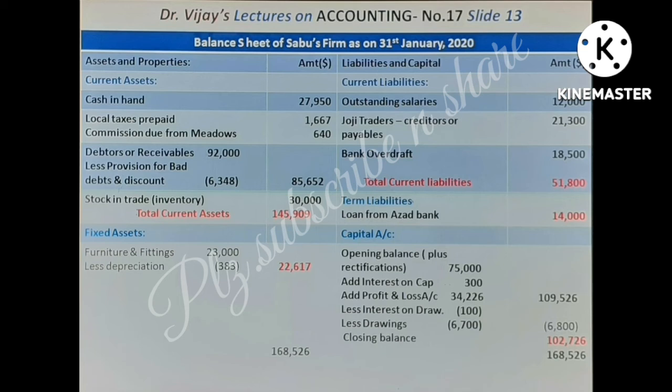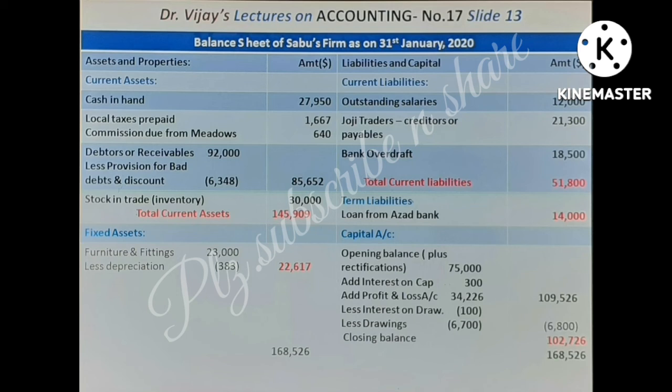Current assets are cash in hand 27,950, two miscellaneous items, local taxes prepaid 1,667 and commission due from Meadows 640, and then receivables or debtors 92,000 less provisions for bad debts and for discount. The net amount is 85,652. The last item is stock in trade or inventory, closing stock 30,000.